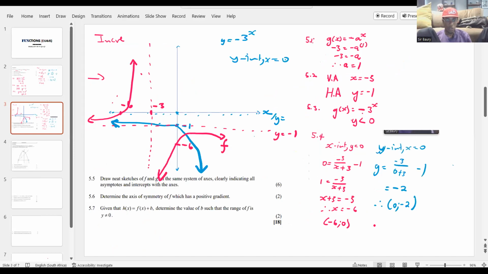Getting back here, determine the axis of symmetry of f with a positive gradient.